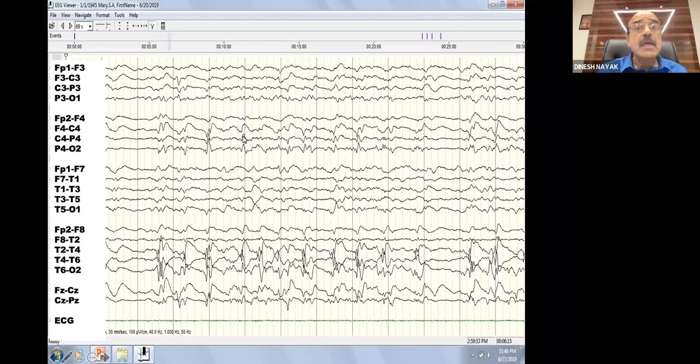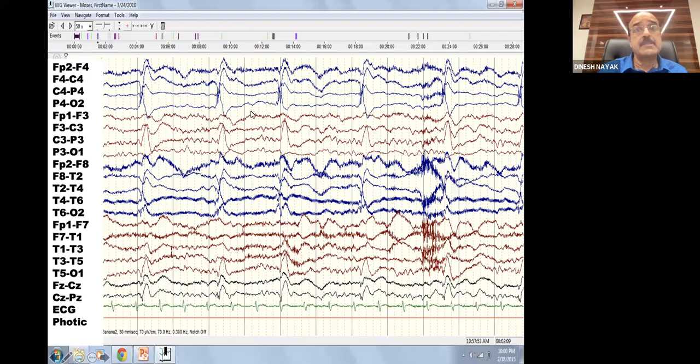That's what it is. Now, this is another example of that. This is predominantly a right temporal PLEDS, a right hemispheric PLEDS. And you can see some fast activity on it, a little bit, not the best, but at times you can see it.